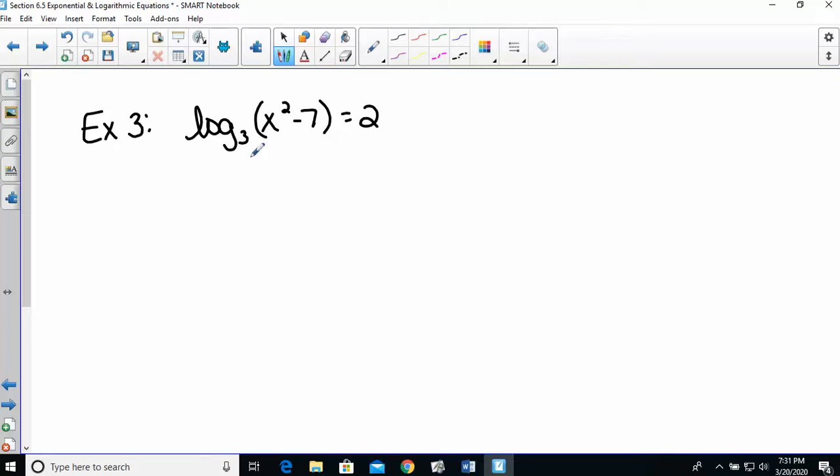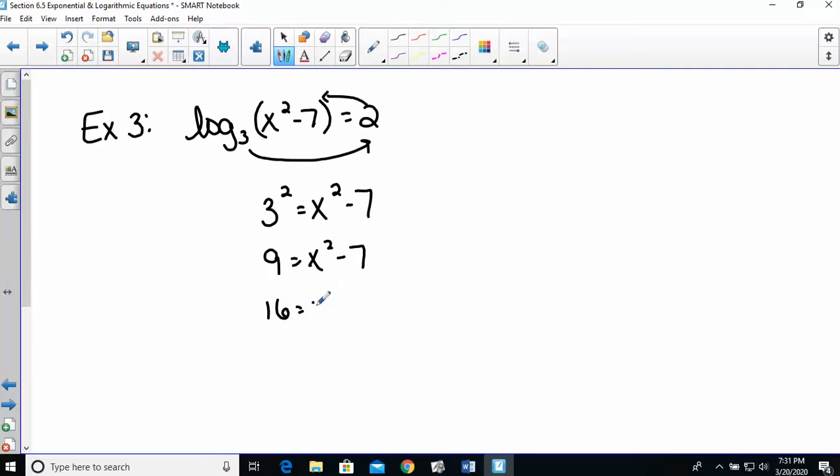We can change this to exponential. So 3 squared equals x squared minus 7. 3 squared is 9. Add your 7 over. When you take a square root, it's plus and minus, and the square root of 16 is 4.